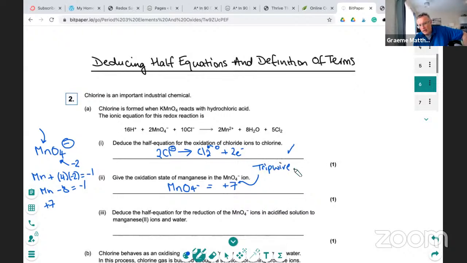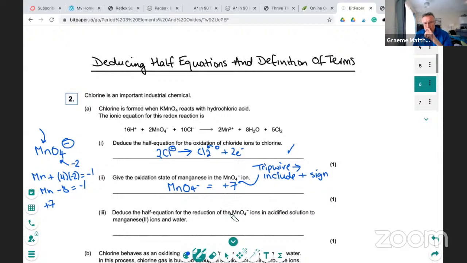So tripwire is this. You need to include the positive sign. That is supposed to say include. Hold on a minute. Even I can't read that, and I wrote it. All right. Include the positive sign. You just don't put down 7. They don't like that. You've got to include the positive sign. Yes, I know it's a bit redundant, but hey, it's the exam board. It's up to them.